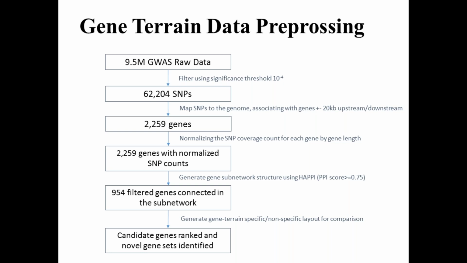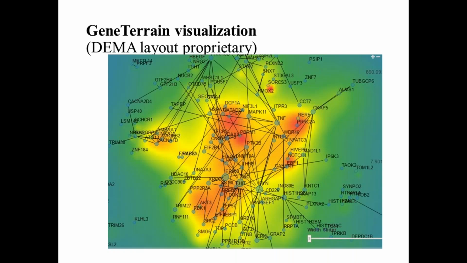We start with almost 10 million raw data points, and then filter down to 60,000 SNPs, down to 2,000 genes, and then with the filtered genes and SNPs, we calculated the SNP contribution score around each gene, and then we built a terrain like this. So what do we do with this terrain?